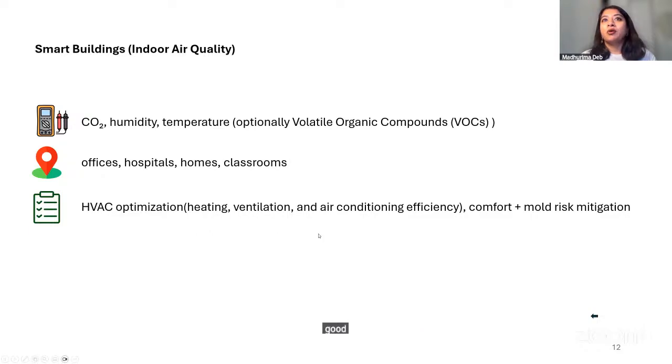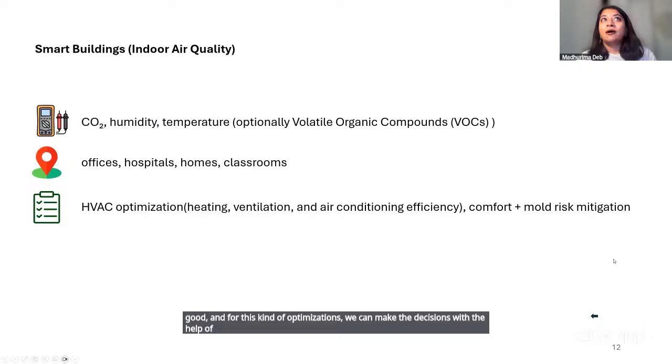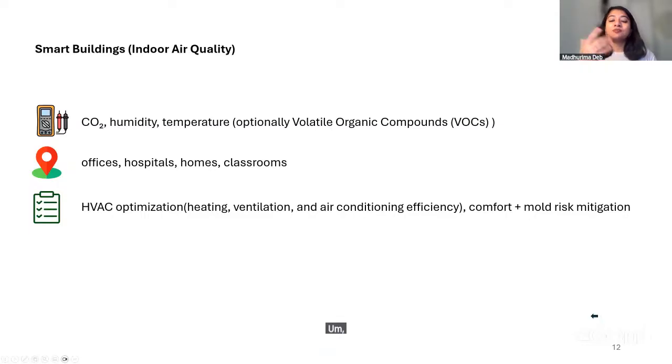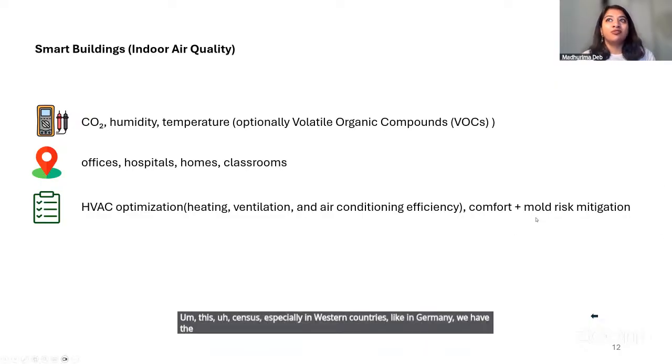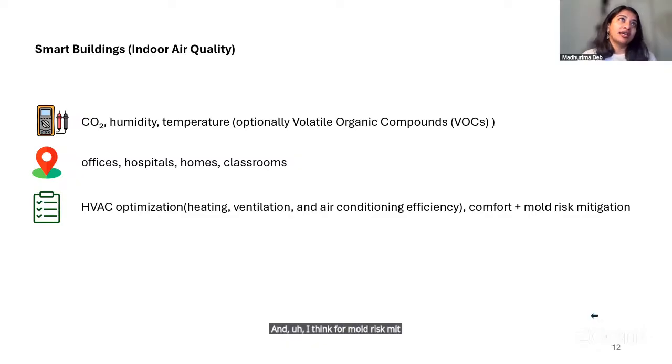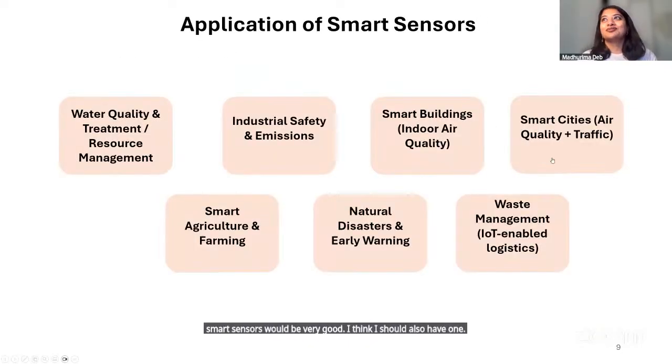For this kind of optimization, we can make decisions with the help of this sensor, especially in Western countries like Germany. We have the huge problem of mold. And I think for mold risk mitigation, this kind of smart sensors would be very good. I think I should also have one in the future.